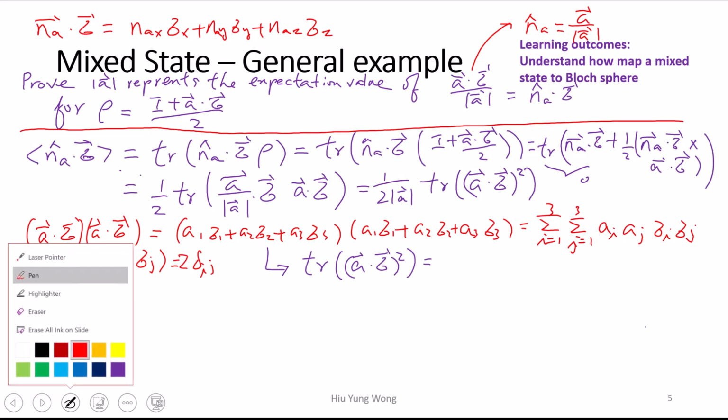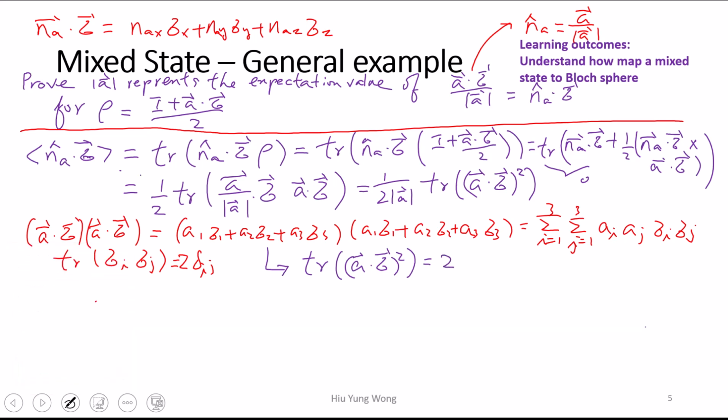What do you get? You have 3 terms that will stay, which are sigma 1 times sigma 1, sigma 2 times sigma 2, sigma 3 times sigma 3. Other terms will be 0 after you take the trace. So this one is just equal to sigma.